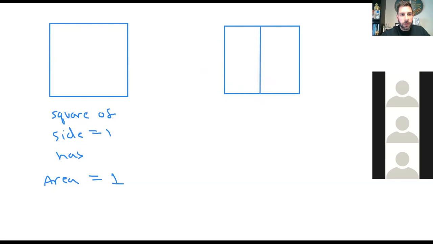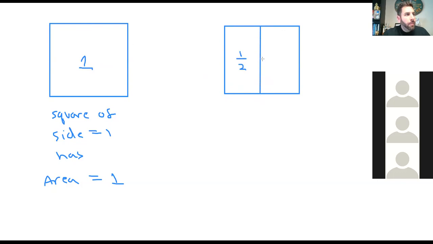So if I think of this from this perspective, this guy has area 1. Now, if this is also a square of side 1, then this guy has area 1/2.